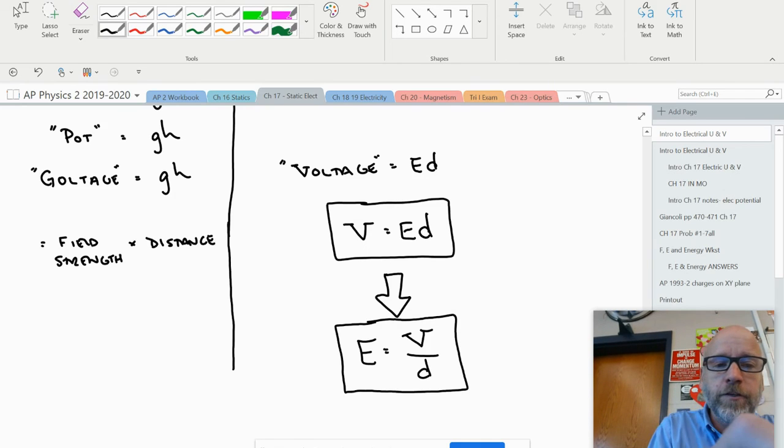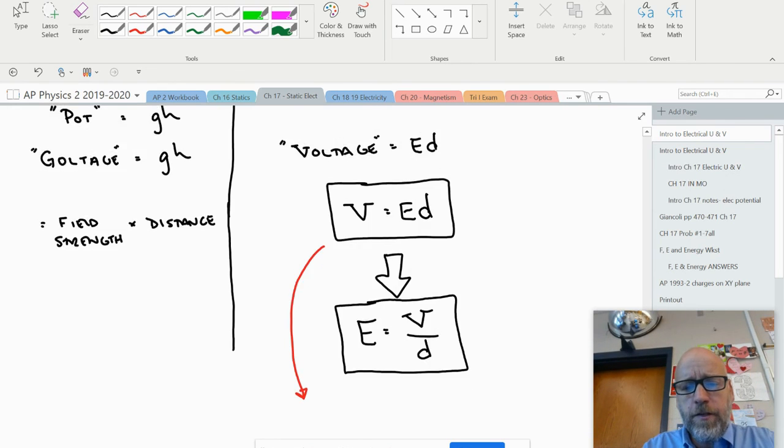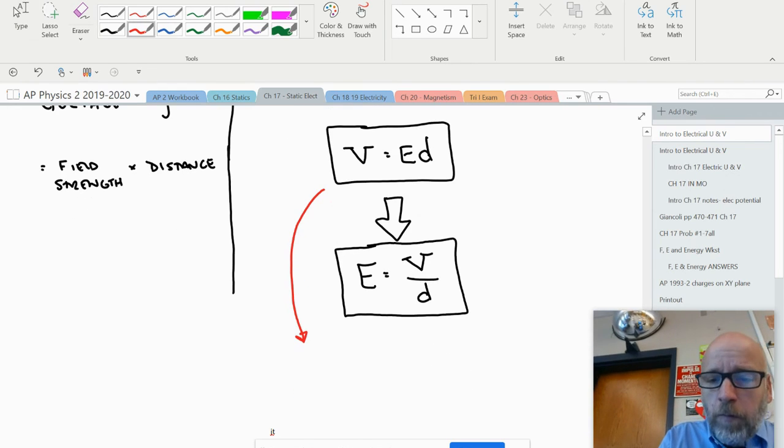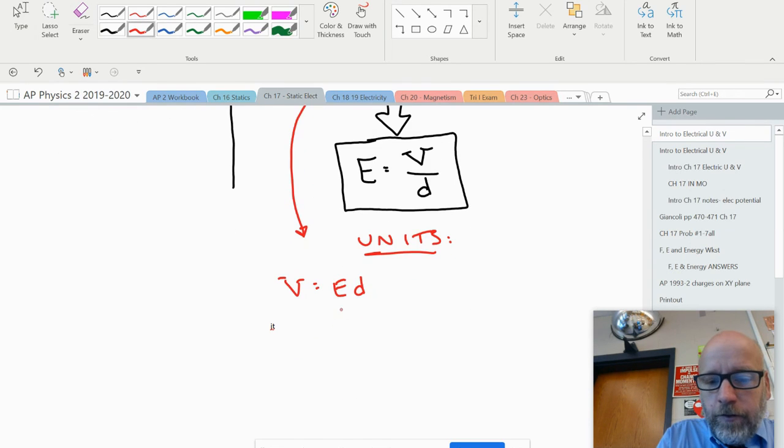Now, what I would like to do is to do a quick check on the units. What are the units equal to? Well, when we talk about electric field, maybe I'll write units here. If voltage equals Ed, electric field is measured in newtons per coulomb.